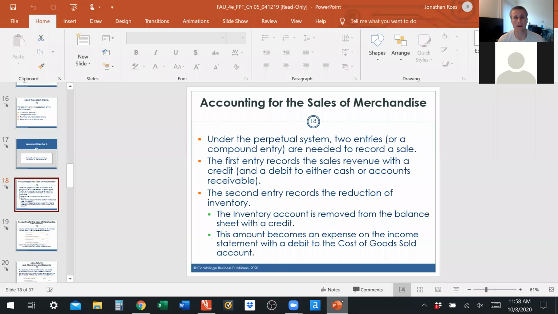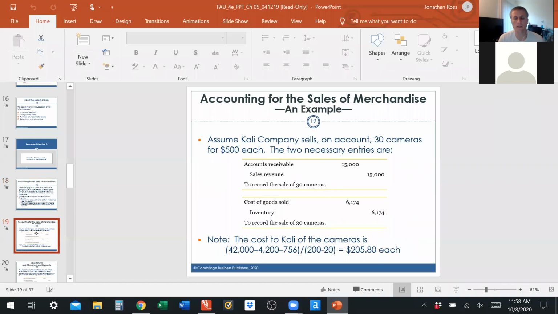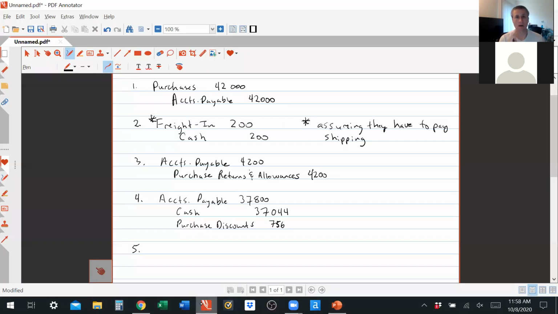All right, now we have these 180 cameras. We've paid for them. Now it's time to sell them. Suppose we sell 30 of the 180. Keep in mind, how much did we pay for each of these 180 in the first place? 210? No, that's not true. We did not pay 210. That's how much we owed.